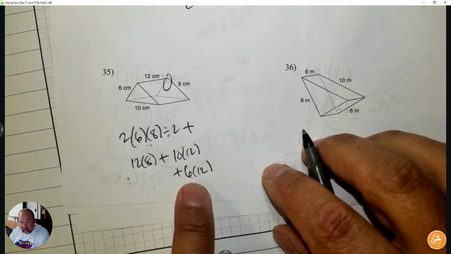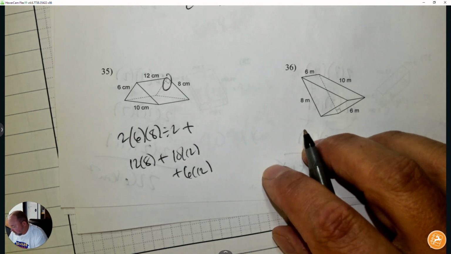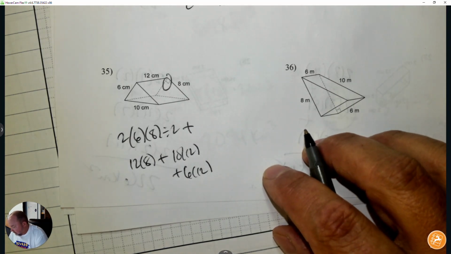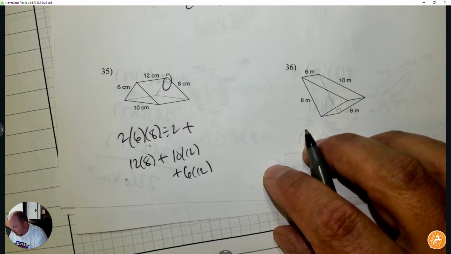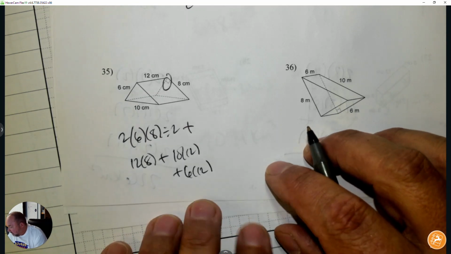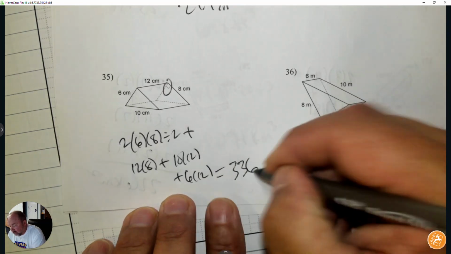And then use your calculator and calculate the total area. And I get 336.